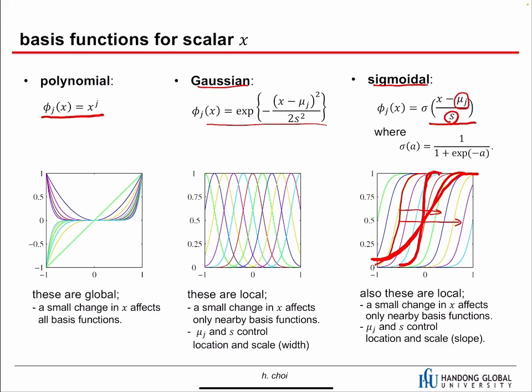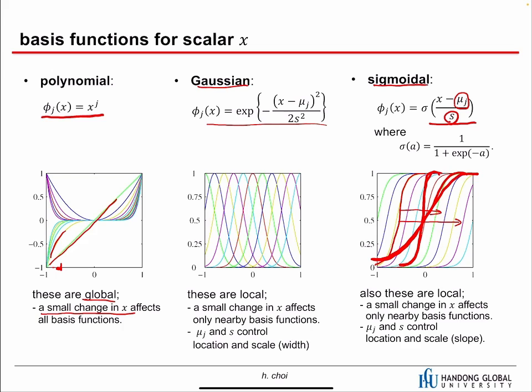And the polynomial basis functions are global, which means when we put a small change in x, then all the basis functions will be affected by that change. Let's say the input x was here. If we change it slightly, then the value of this function will generate a different output.